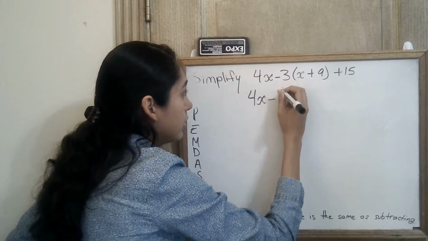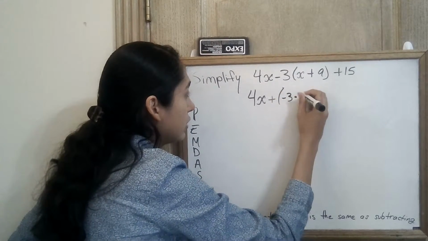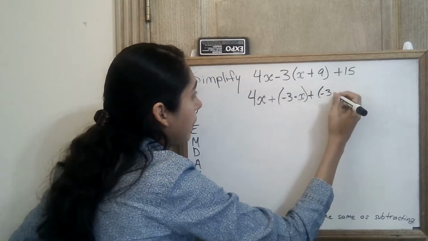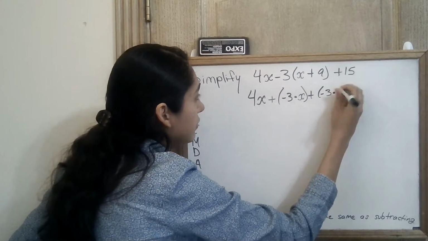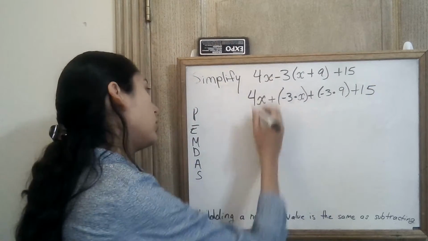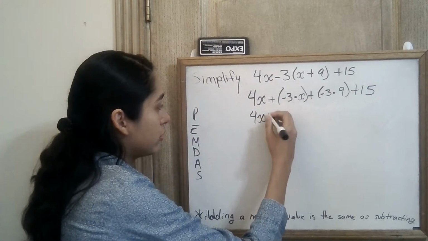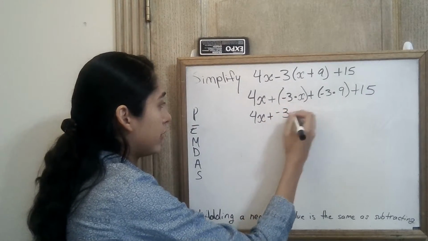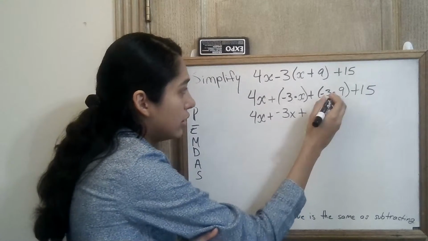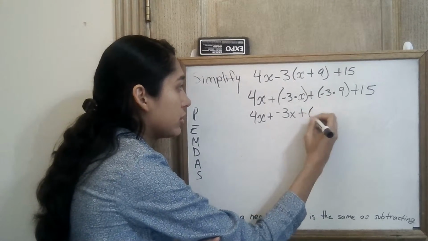So here we're going to simplify this as plus negative 3 times x plus negative 3 times 9 plus 15. Okay, so let's further simplify that. All right, so plus negative 3x. And then plus negative, that's just a 6.